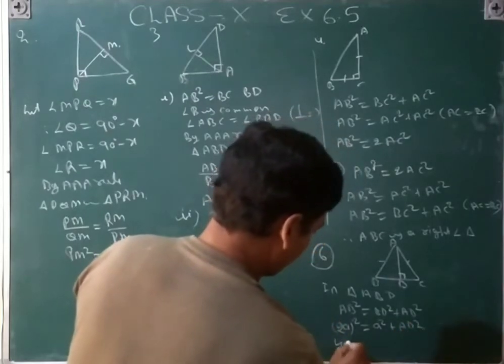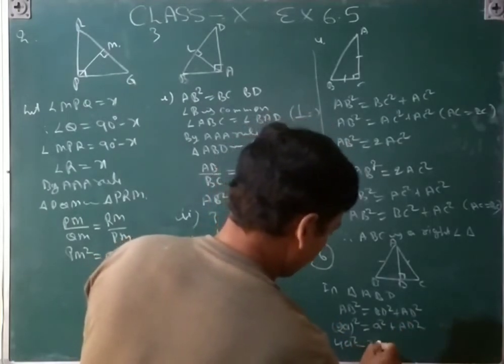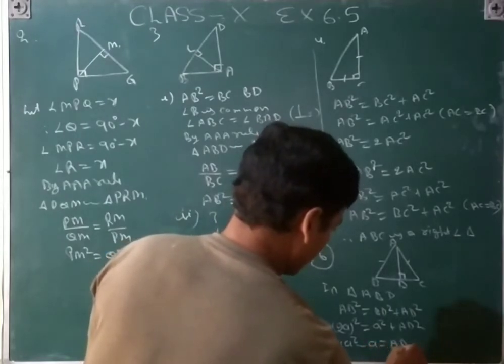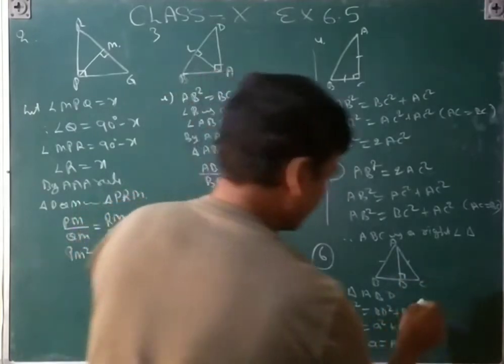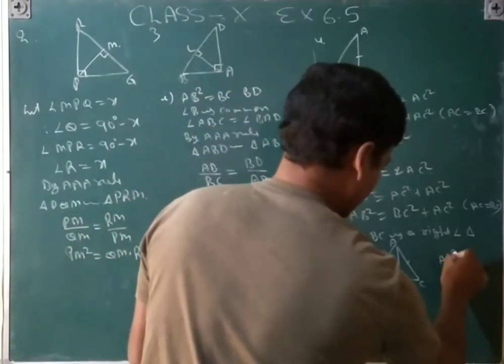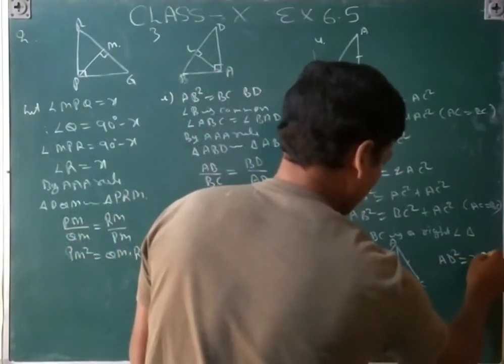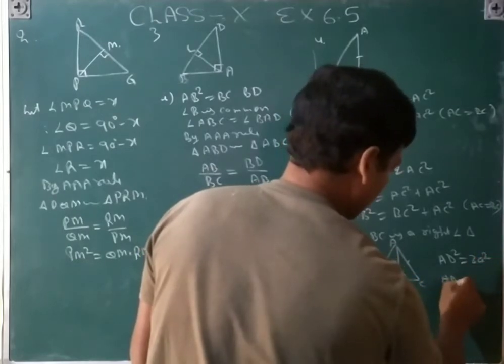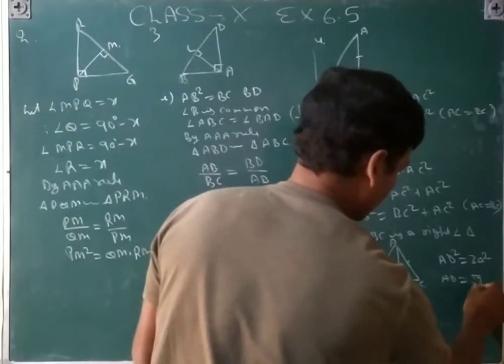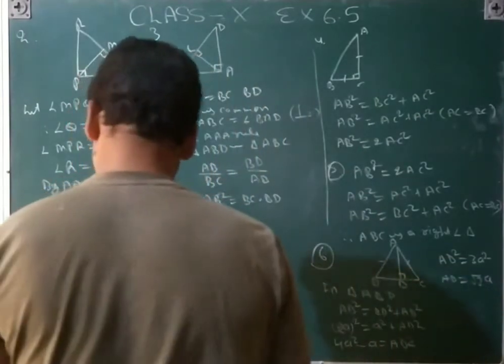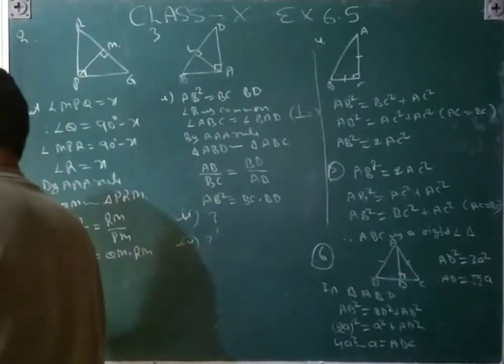So 4a square minus a square is equal to AD square, so AD square is equal to 3a square. So AD is equal to root 3 a. Write it.